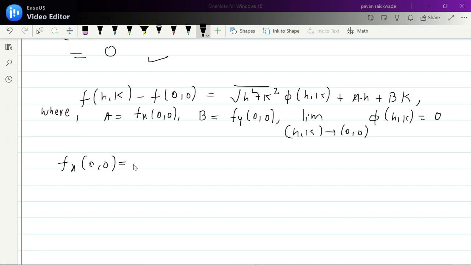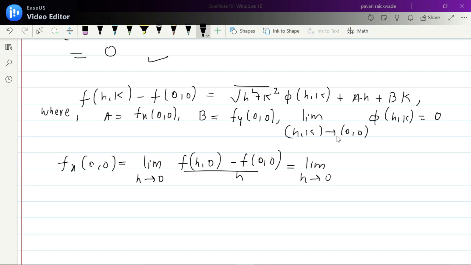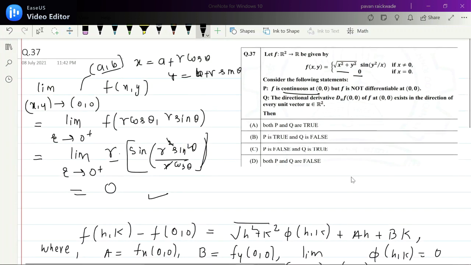This is limit as h tends to 0, f of h comma 0 minus f of 0 comma 0 upon h. What is this? This is limit as h goes to 0, f of h comma 0 is square root of h square.